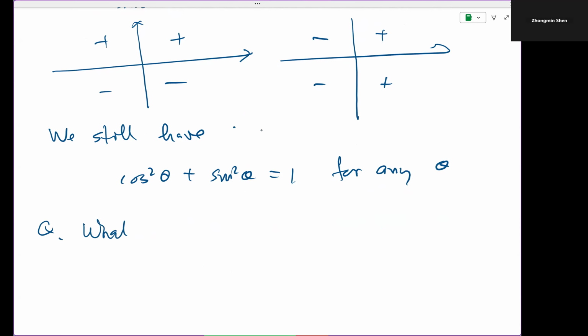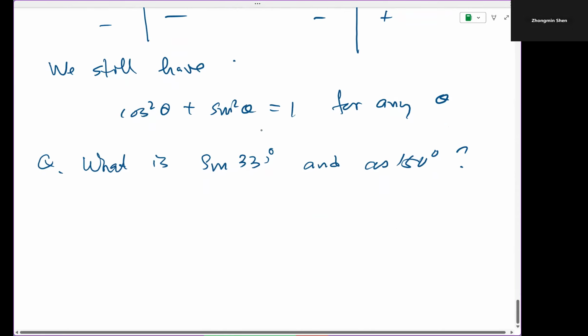Okay, so here's the question. What is sine 330 degrees and cosine 150 degrees? Okay, let's find out. So let's do 330 degrees.